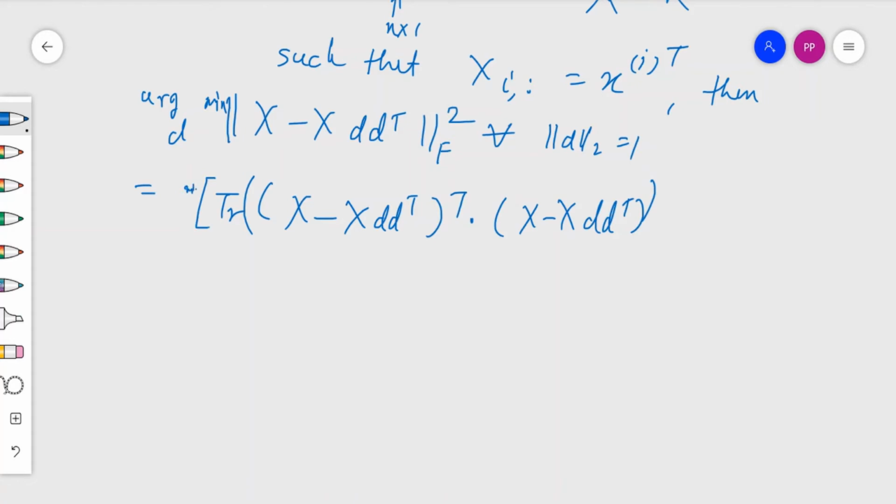We need to minimize it over the argument small d.